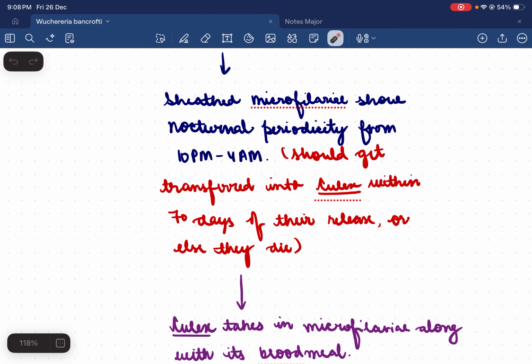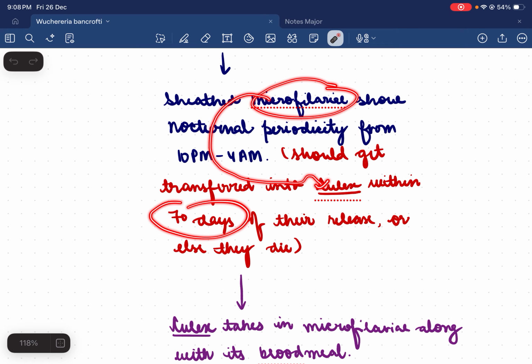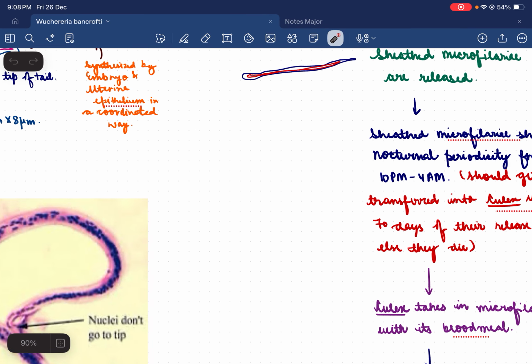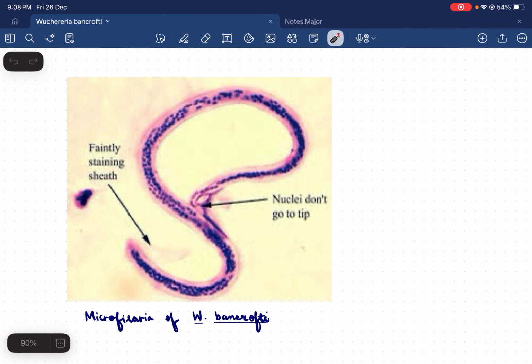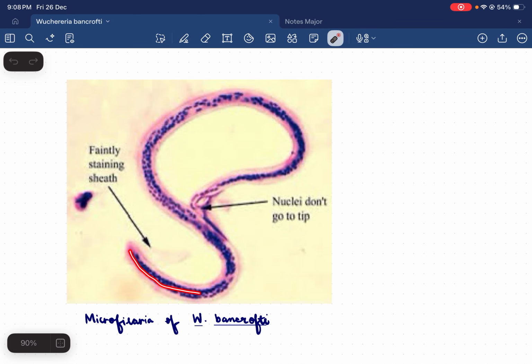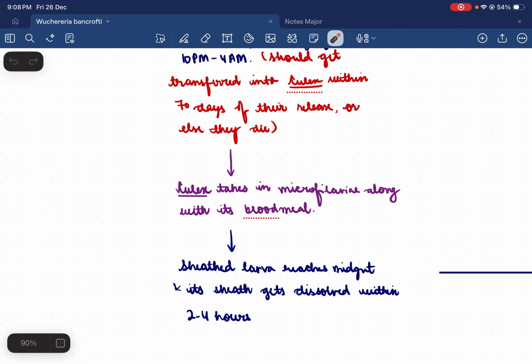And if these microfilaria are not transferred to this Culex within 70 days, they die. You can see over here also that the microfilaria is sheathed. This pink structure is the sheath, whereas these violet or blue structures are the nuclei, and nuclei don't extend till the tip of the microfilaria, the posterior end.